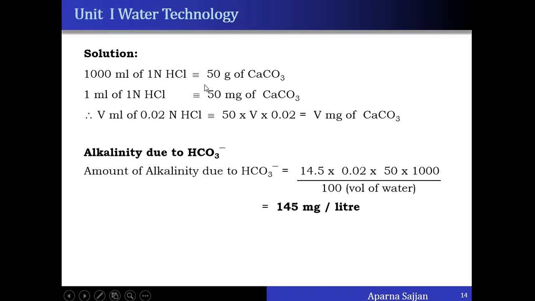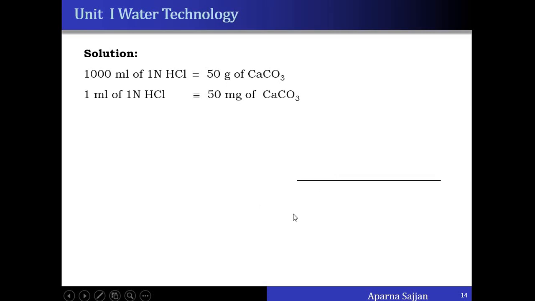Same calculations are used. 1 mole of acid is equal to 1 mole equivalent of CaCO3. So alkalinity due to bicarbonate is volume total 14.5, which is used up to methyl orange endpoint, 0.02 normality, 50 equivalent weight, and 1000 upon 100. That comes to 145.